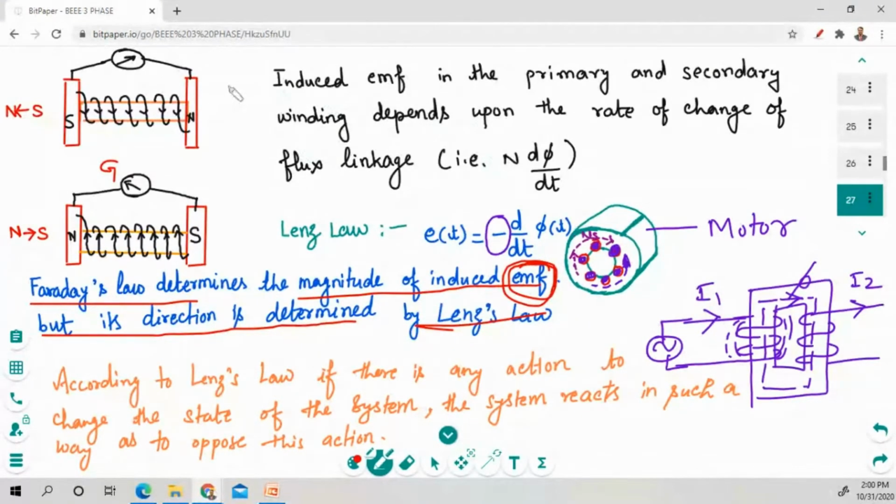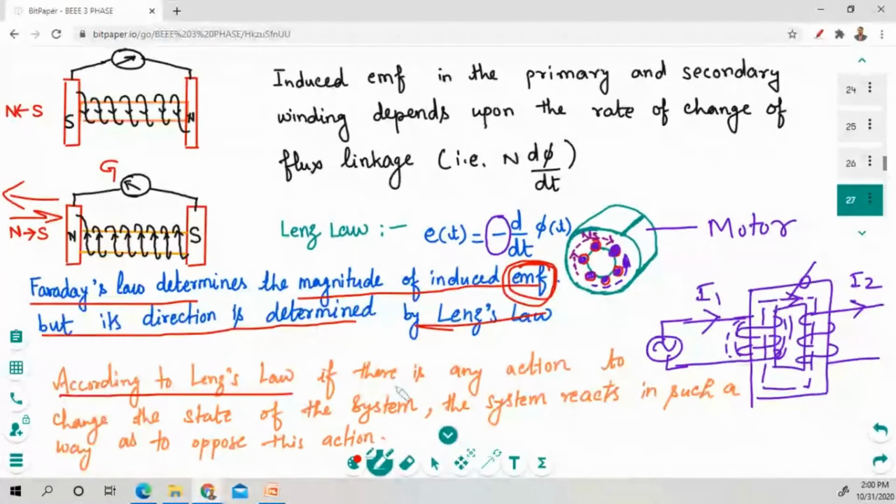If we change the direction from south to north, it is flowing from north to south, the opposite direction. So if the current is flowing in this direction, then the EMF is flowing in the negative direction.